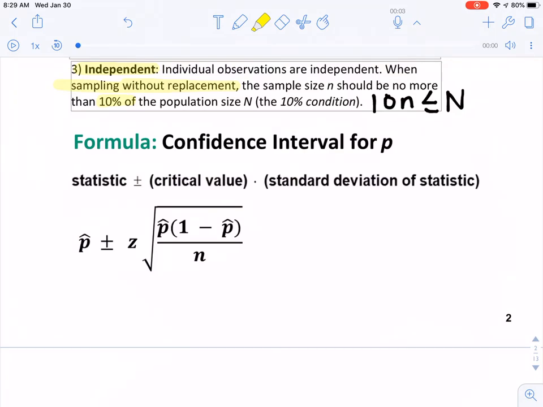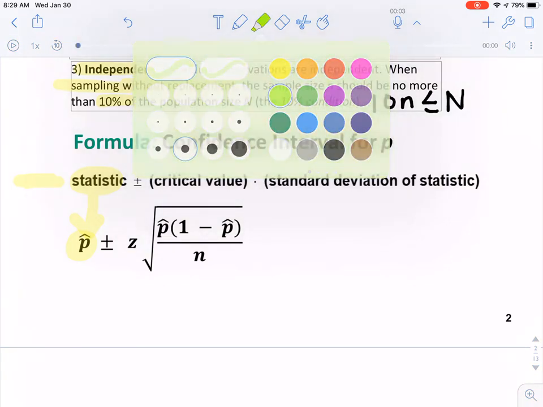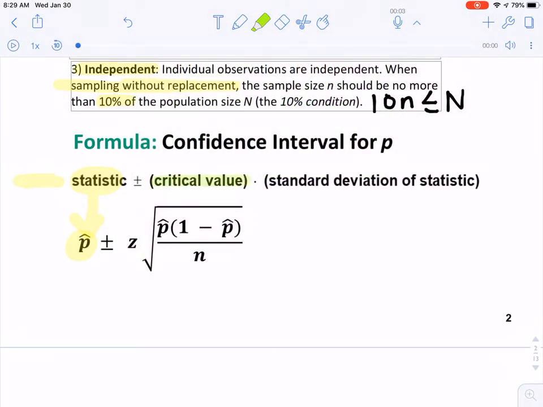Okay, so in regards to how this is going to look on the formula sheet, it looks pretty generic. Right here is how the formula looks for confidence intervals on the formula sheet. When it has this statistic here, we know that with proportions, that's going to be our point estimator, a sample proportion, and we would plug in whatever point estimate we're getting for our sample proportion there. Then on the previous notes page, we had started to look at how to get the z-scores.